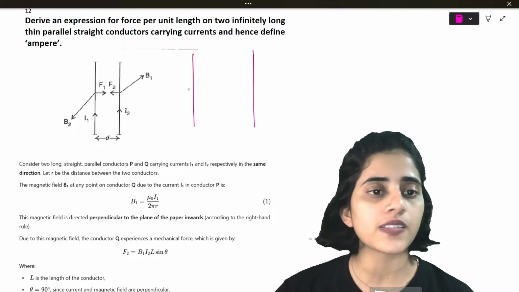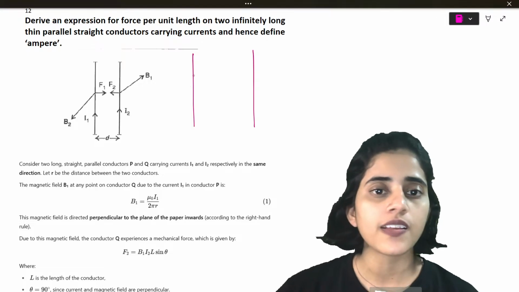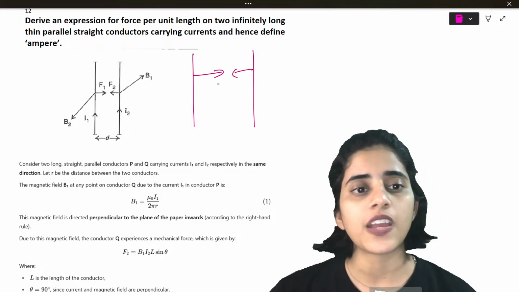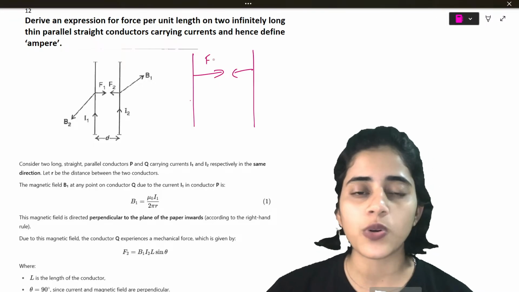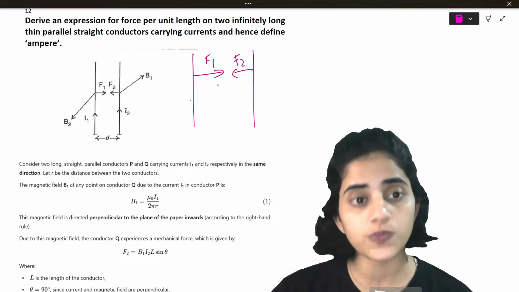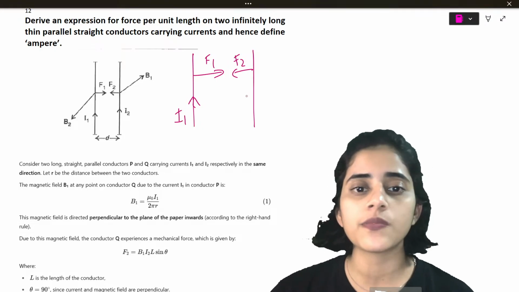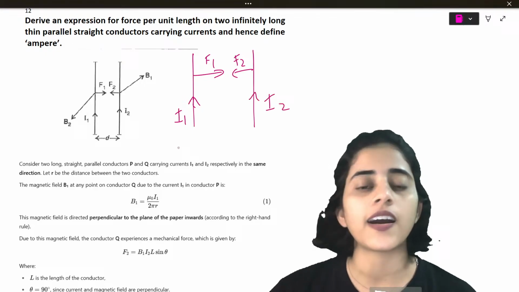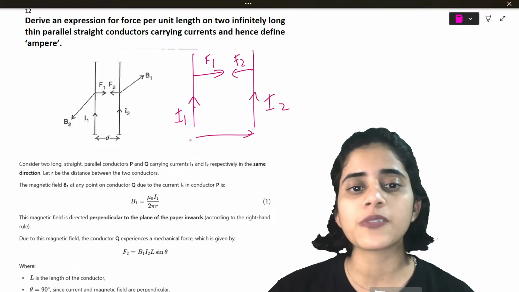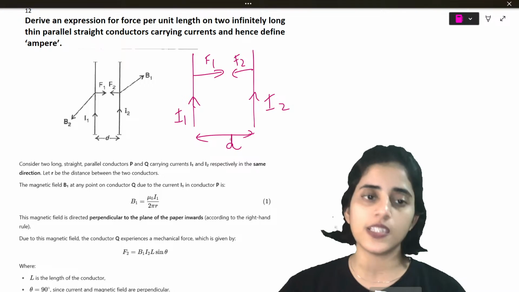They have forces acting, F1 and F2. They have currents I1 and I2. The distance between them is going to be d.